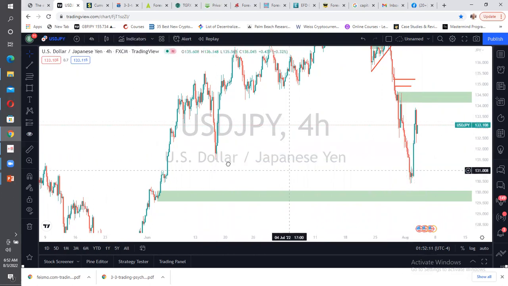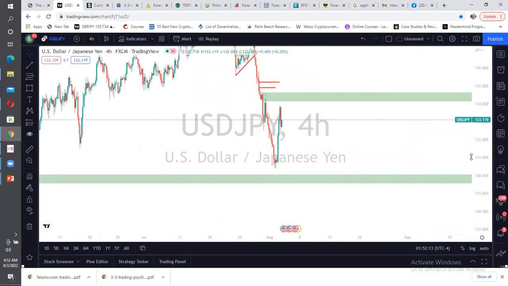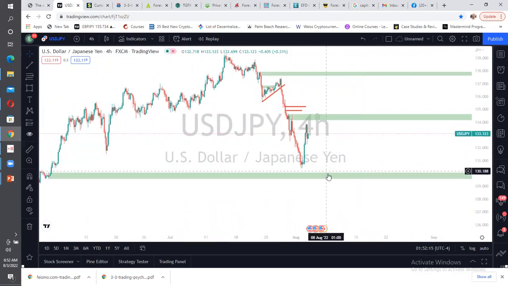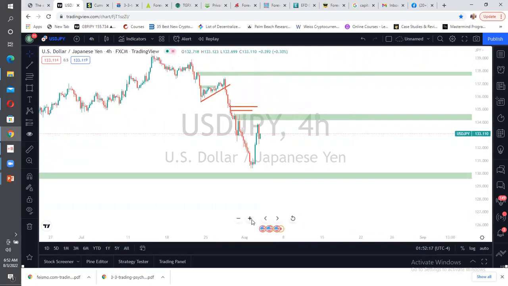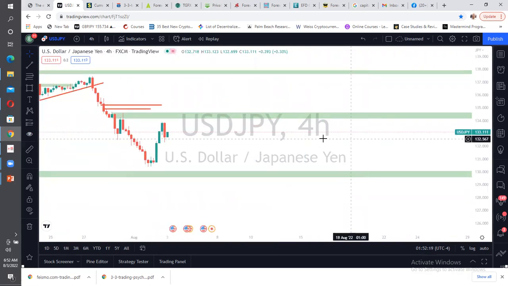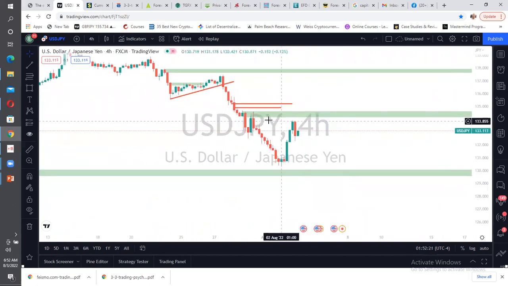So let's check out what we'll have here. Between here and here, we'll have an FVG. Then between here and this level we're looking at now, you can see we still have an FVG here.